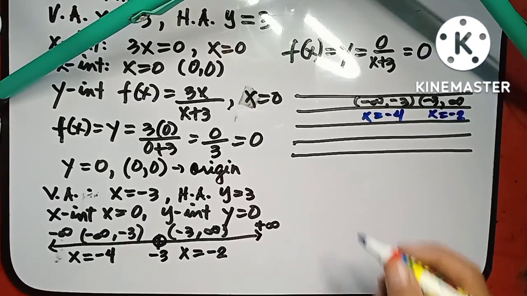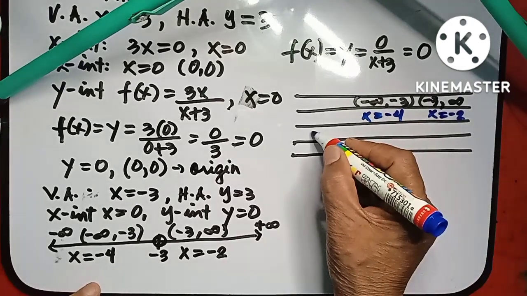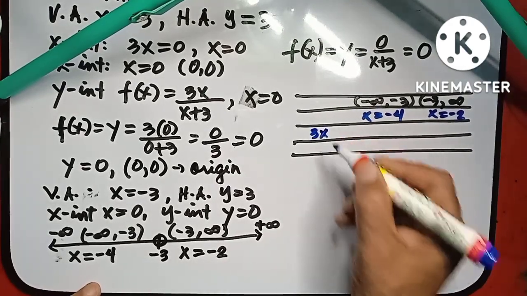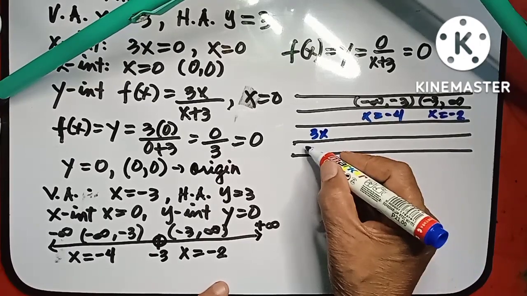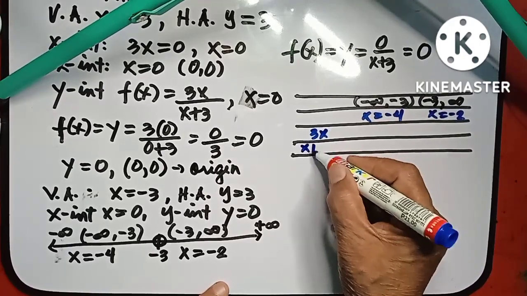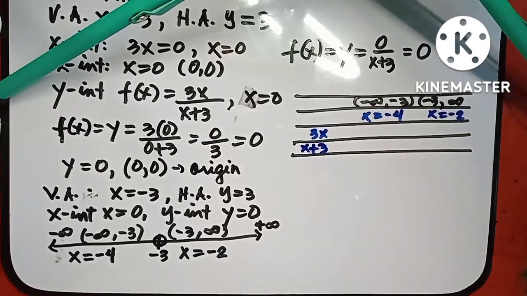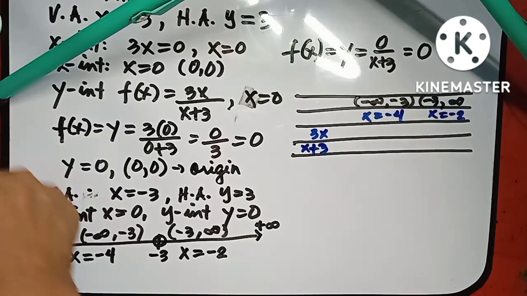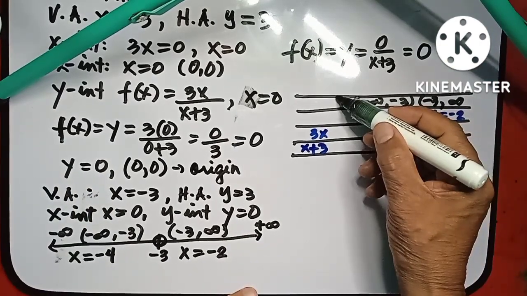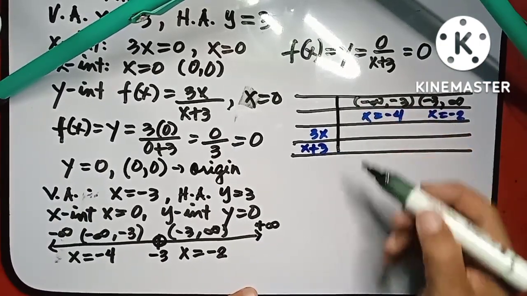The numerator is 3x, and the denominator is x plus 3. So we plug in the test value to x in the numerator.